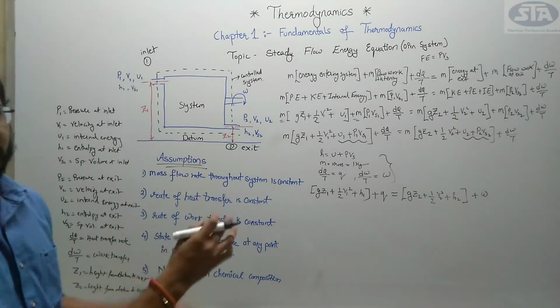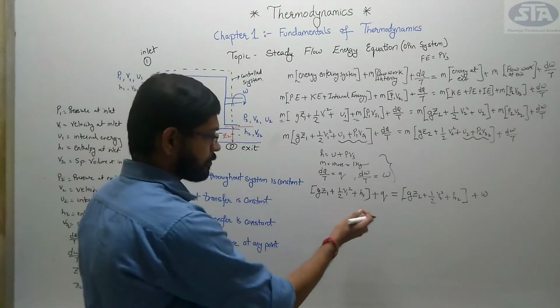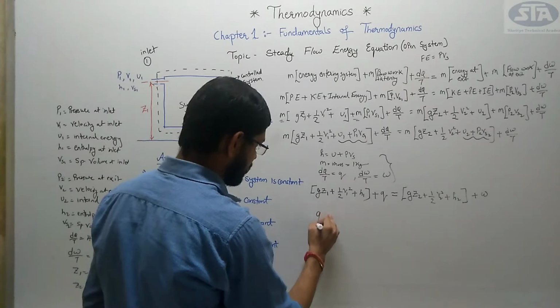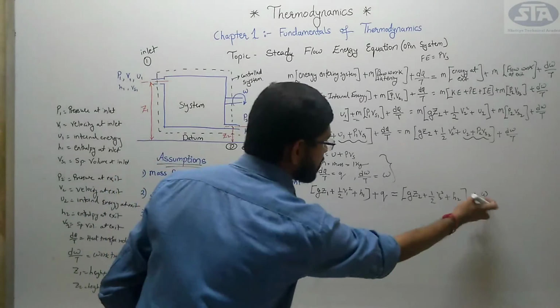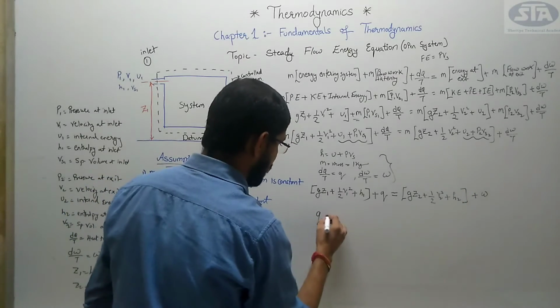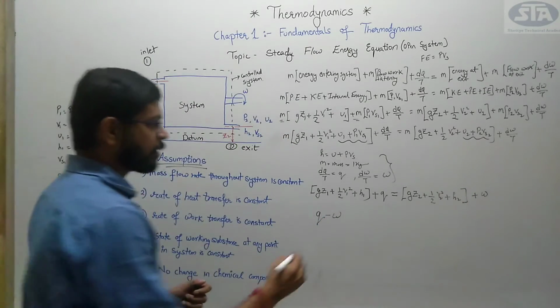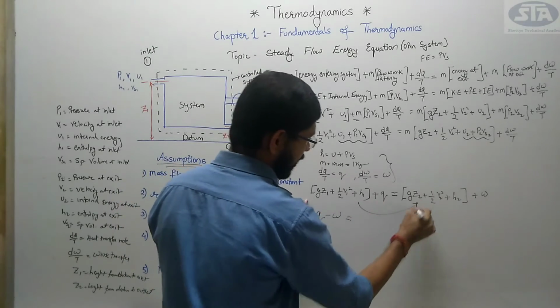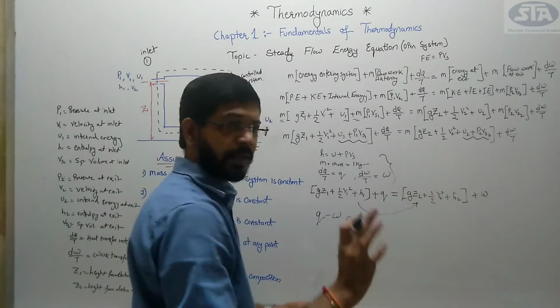Now I need to rearrange these terms. See what I am doing. I am keeping this Q here as it is. I am bringing this W, means work done, to the left hand side. So my positive work would be negative now, equals, I will be shifting this bracket whole to this side, right? And this bracket will be as it is.